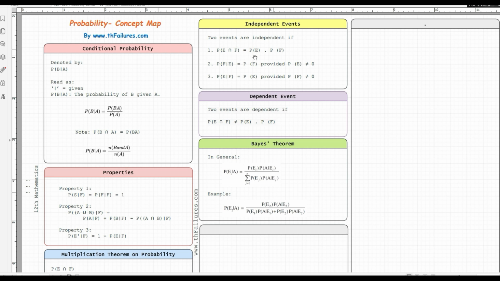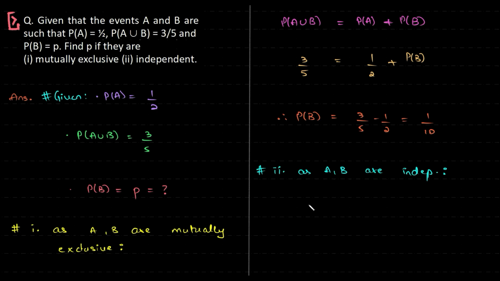This is the condition. So I told you, right? From 1 marker to 4 marker, directly or indirectly, they keep asking. So what do we have? The probability of A intersect B is equal to the probability of A into the probability of B.